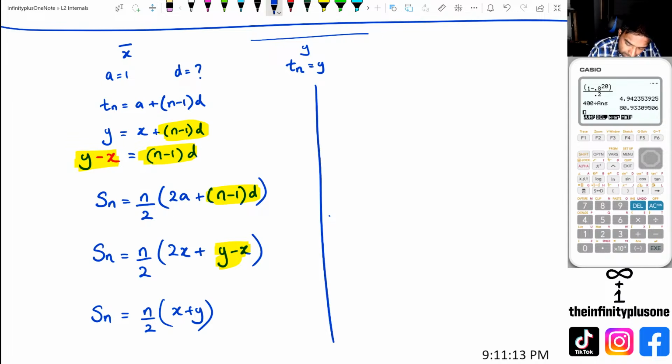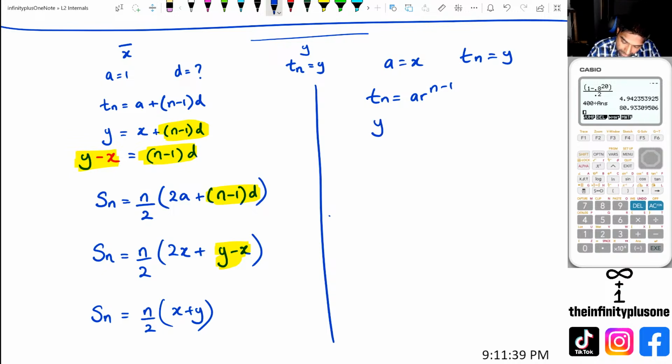Keeping the same kind of formula here, your first term a is still x, Tn is still y, but we actually don't know what the r value is, what the ratio is. So we're going to do Tn equals a r to the power of (n minus 1). We don't know which nth value it is, but that's the longest piece.